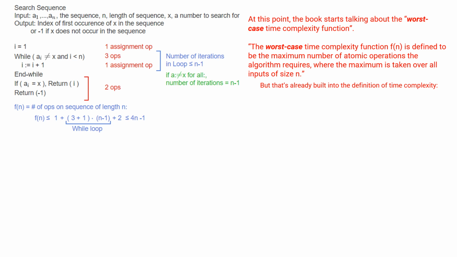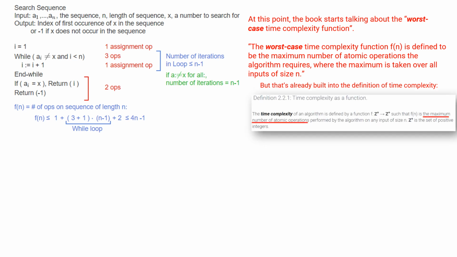I don't know if I'm missing something, but to me this seems already built into the definition of time complexity, because time complexity says it's the function such that the function is the maximum number of atomic operations performed by the algorithm on any input of size n.